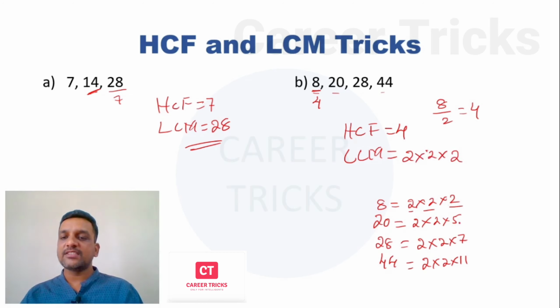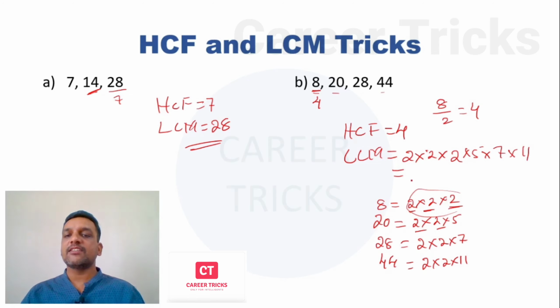After that, 5 is there in one number and not in the others, so I will consider one 5. If a number has fewer 2's, for example two 2's, the remaining 2's are not considered. 5 will be taken. After that, 7 appears only one time, so we take 7. And 11 appears one time, so I will take 11. After multiplying these numbers, I will get the LCM.